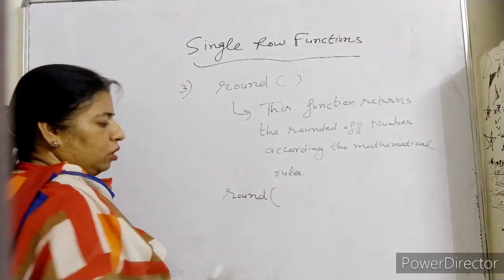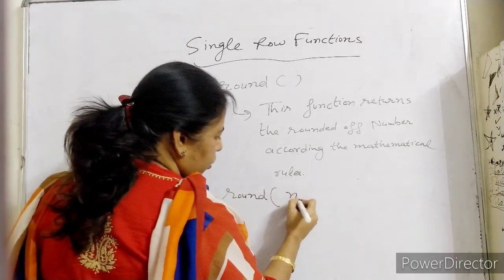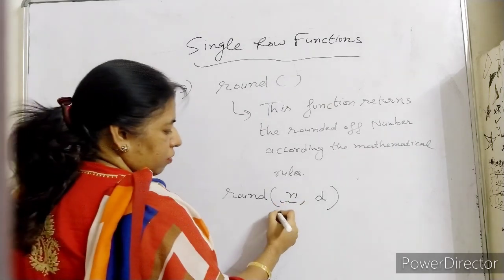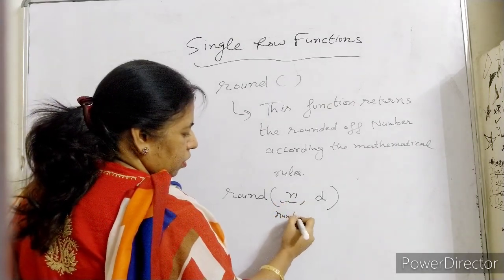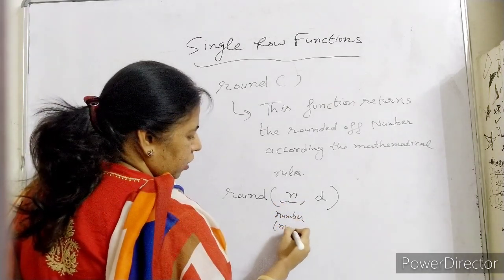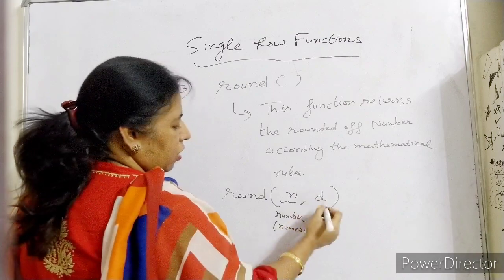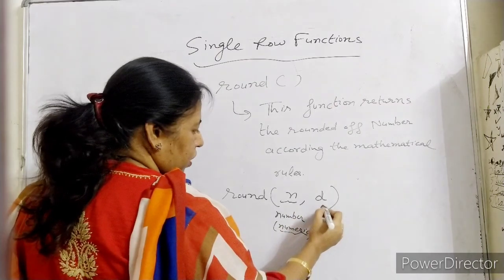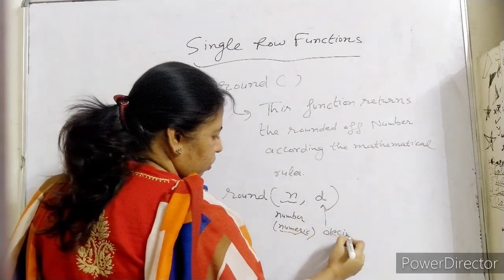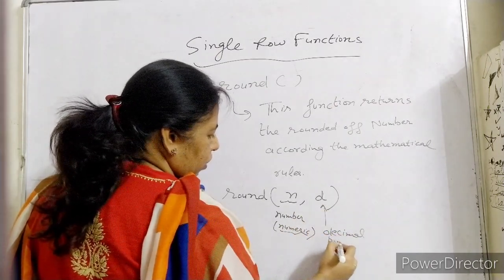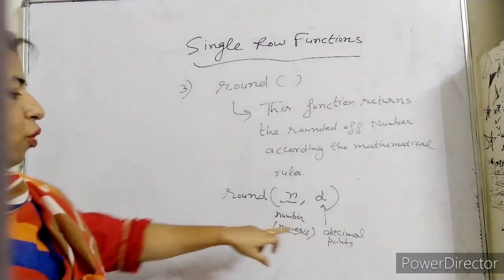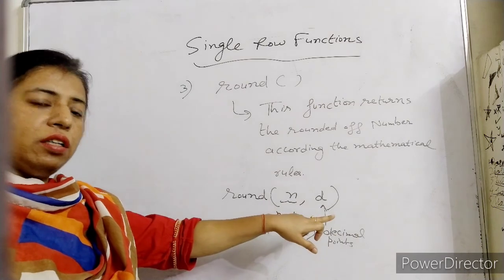There is a function round in MySQL. Take here two parameters. N is my number, and obviously it is numeric, and numeric means it may be decimal or it may be integer also. Here I am writing the decimal points, up to how many decimals you want to round off the number.